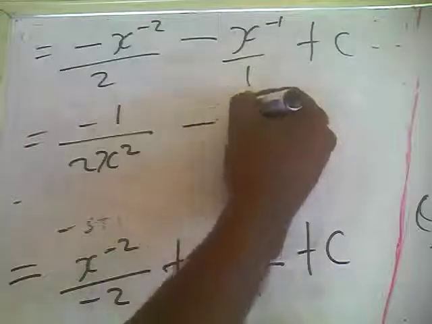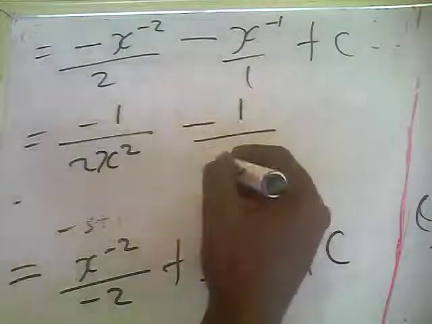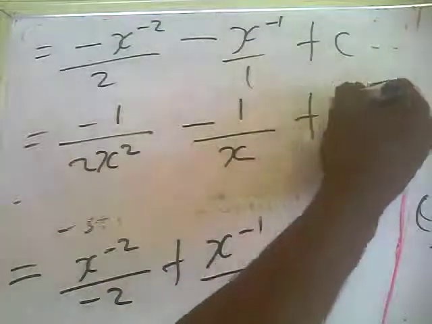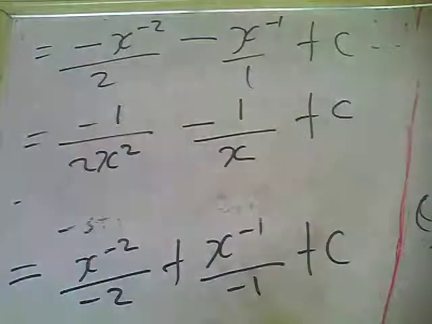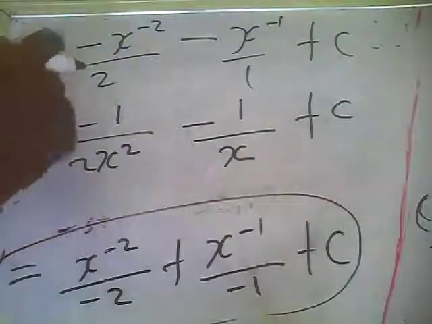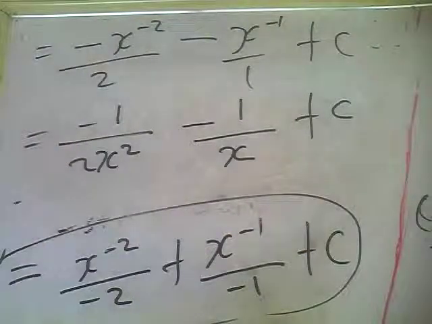Minus 1 over x plus c. So that is what we have. We just rewrote the entirety of this one in this form. So that is minus 1 over 2x squared minus 1 over x plus c. So that is the final answer there.